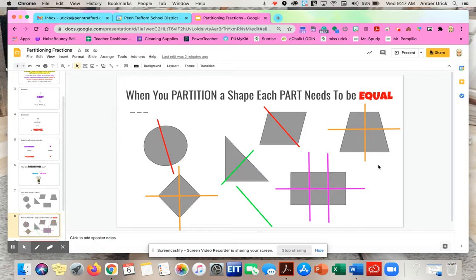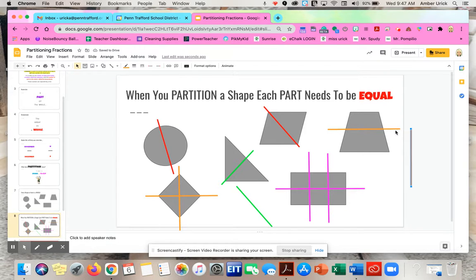Or maybe there's only a way to split this shape in halves to get the same size and same shape. If I can only split this shape in halves, do you think I split this shape in halves this way?